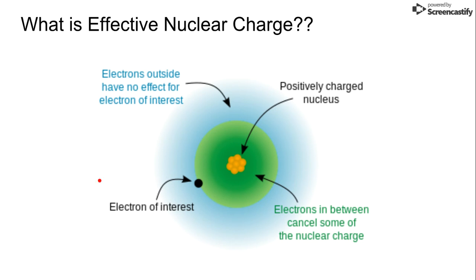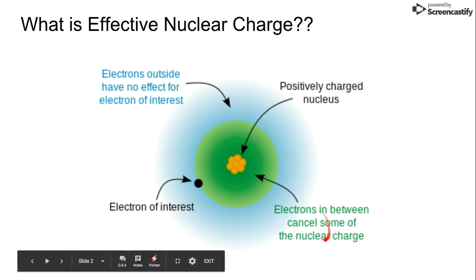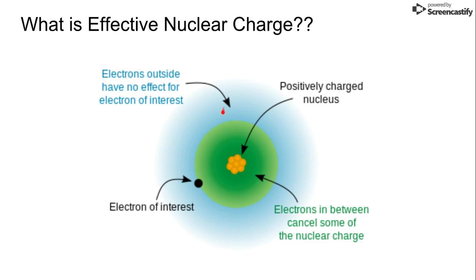So electrons in between the nucleus and the electron of interest, or the outermost electron, will cancel some of that nuclear charge. However, one key thing to note is that electrons either in the same energy level or outer energy levels do not shield effectively.